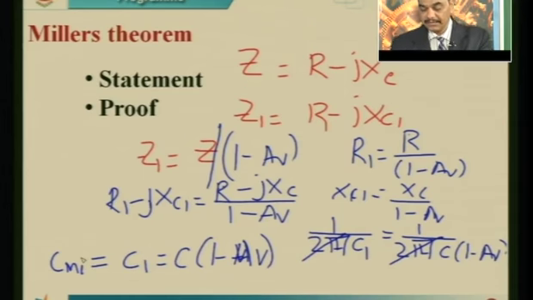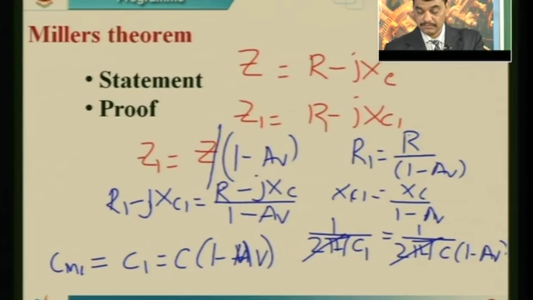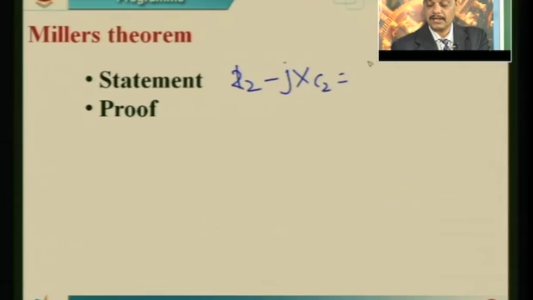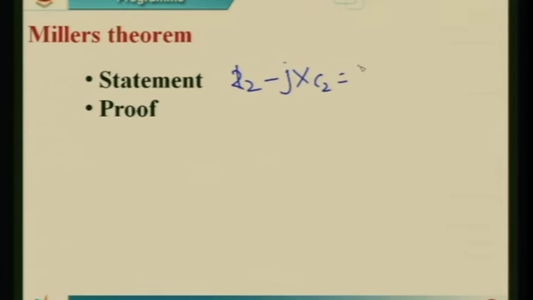Similarly, if you define it for the output circuit, we can define Z2, that is, R2 minus jXc2 is equal to R minus jXc divided by 1 minus 1 by Av.